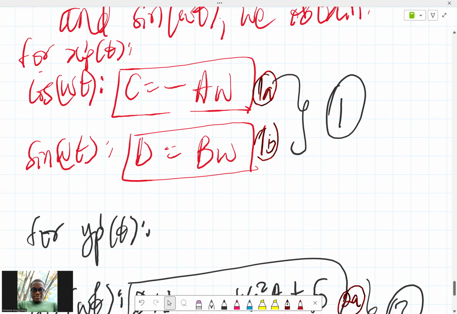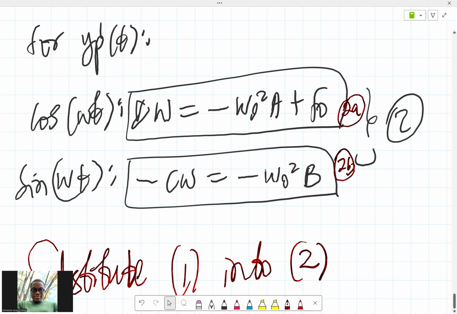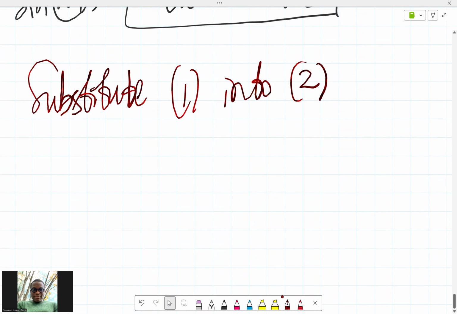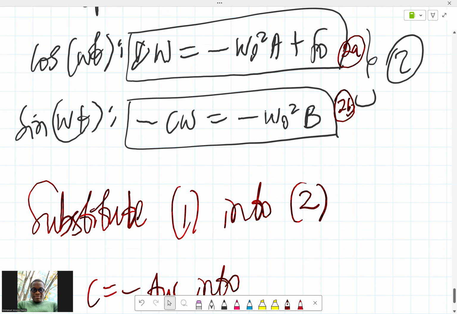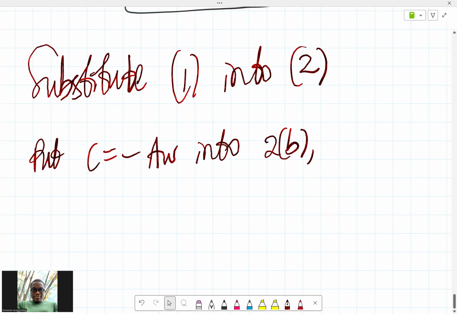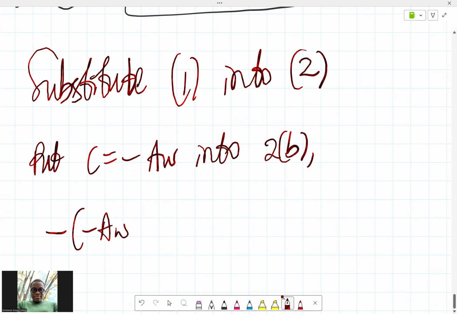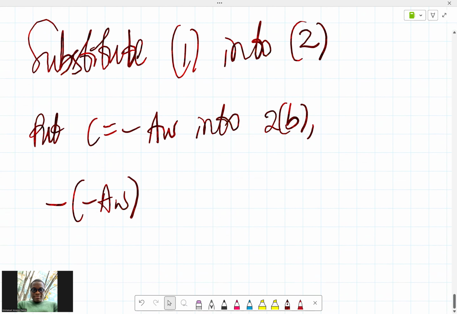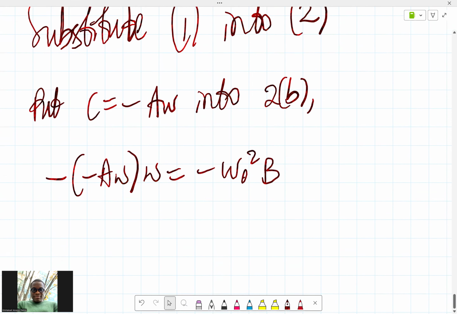So substitute 1 into 2. That means C is minus A omega. Put C, which is minus A omega, into 2B. So what that means is that instead of C now, we have minus A omega there, together with the omega that was there before, and that is equal to minus omega naught squared B. We can tidy things up.